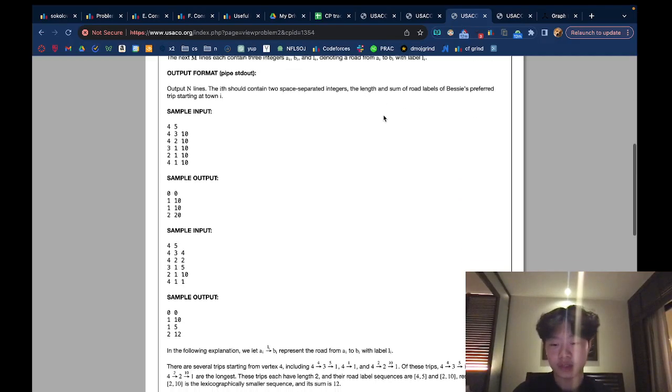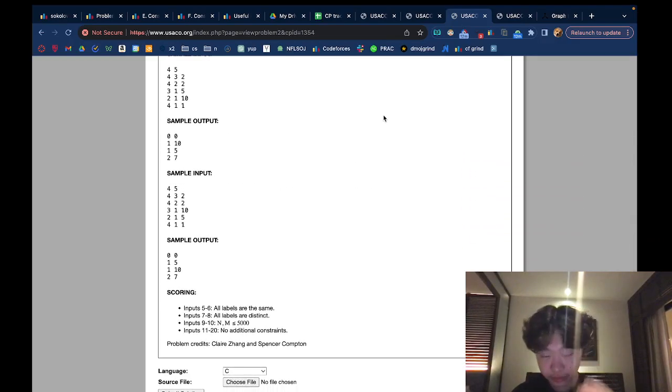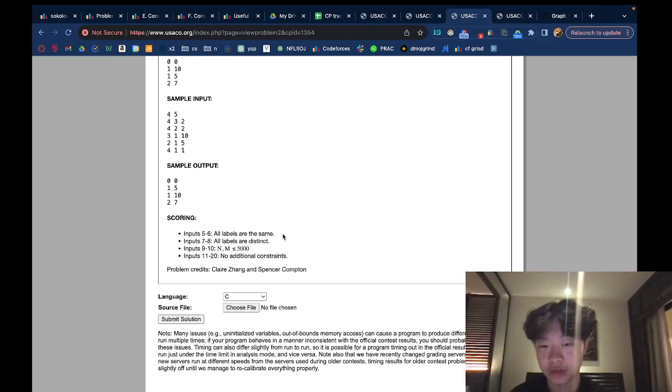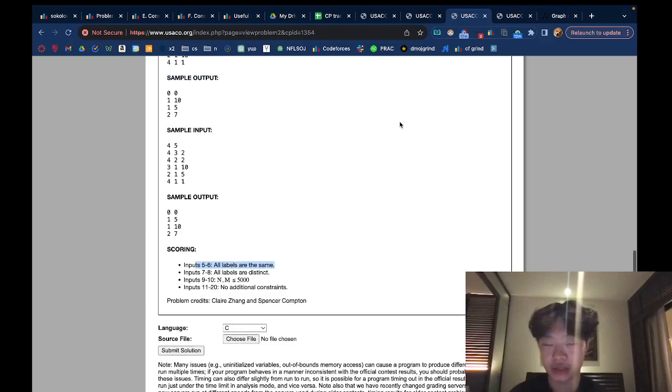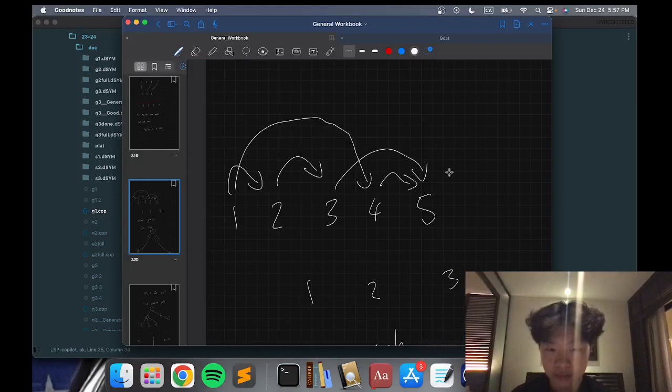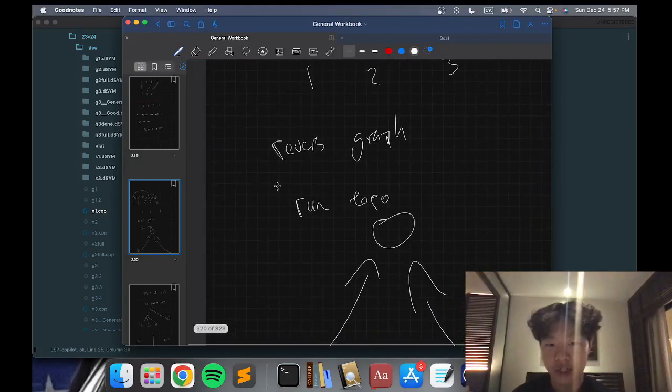So let's first look at the partials, right? So for the first partial, all labels are the same. If all labels are the same, then all paths are basically treated equally. So you just find the longest path for each node. How do you find the longest path for each node in a directed graph with no cycles? So you reverse the graph and you can run a topological sort.